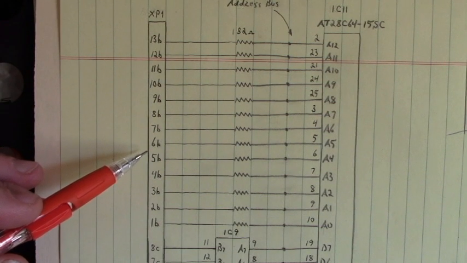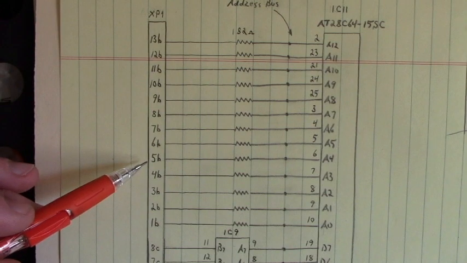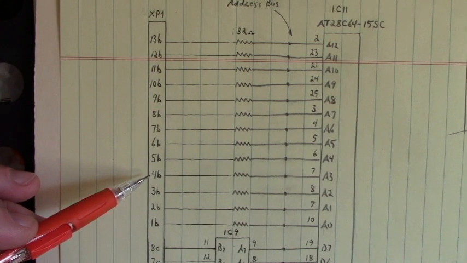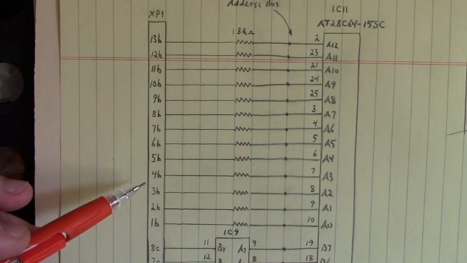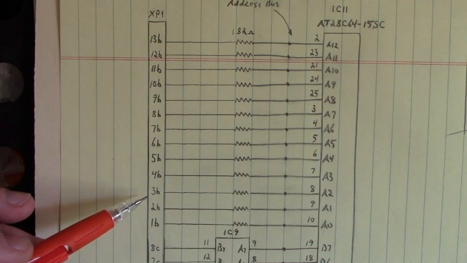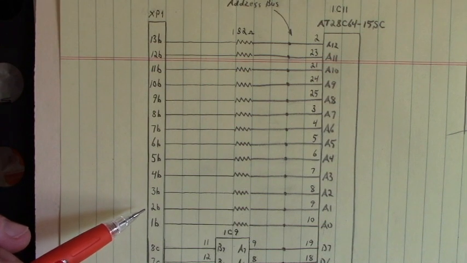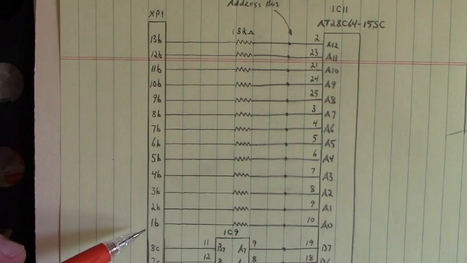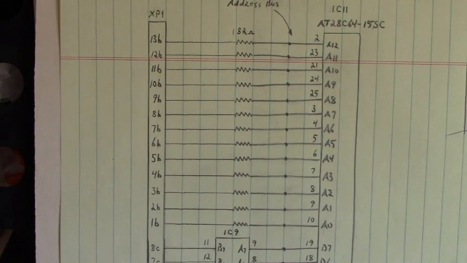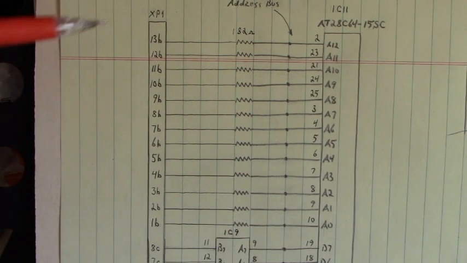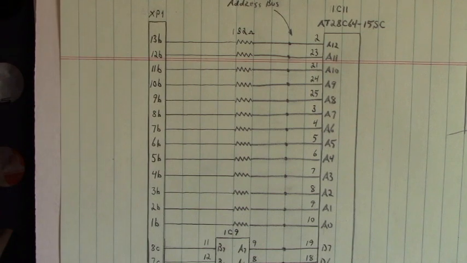Address 5 is on 6B. Address 4 is on 5B. Address 3 is on 4B. Address 2 is on 3B. Address 1 is on 2B. And address 0 is on 1B. That's the middle row of that 3-row connector. Let's go down and we'll look at the data bus.